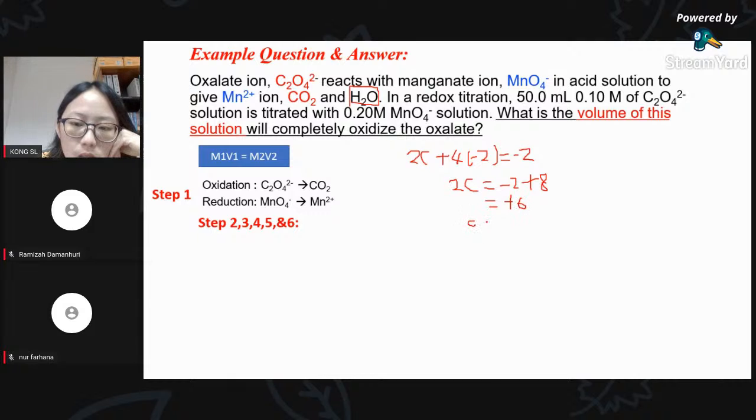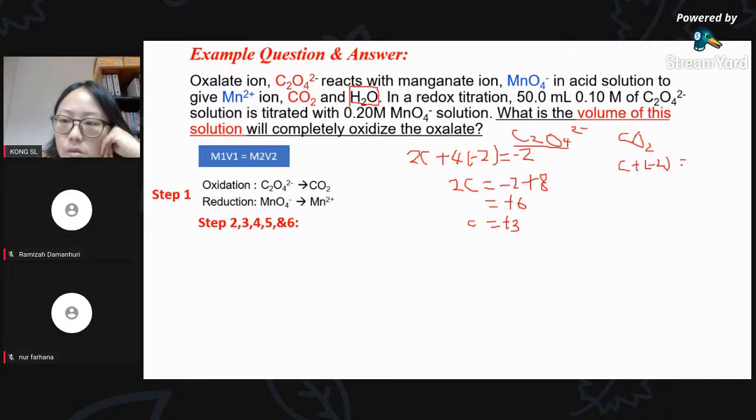So that's why the C is equal to positive 3. Okay, untuk ni adalah C2O4 2 negative. Okay, untuk CO2, C plus 2 times negative 2 equal to 0 because there's no ion, so equal to 0. C equal to positive 4.